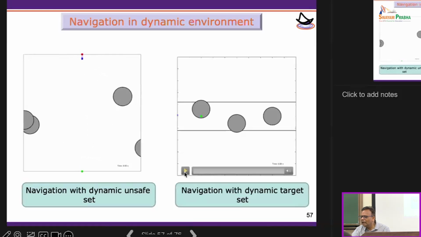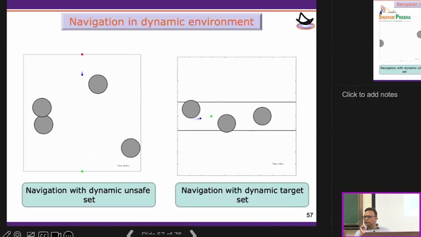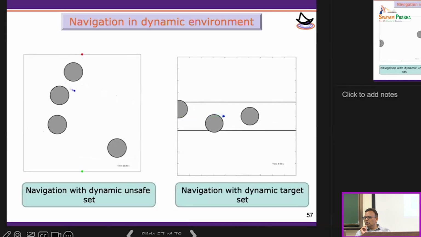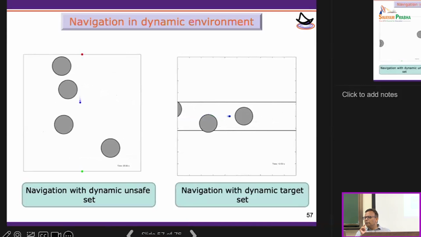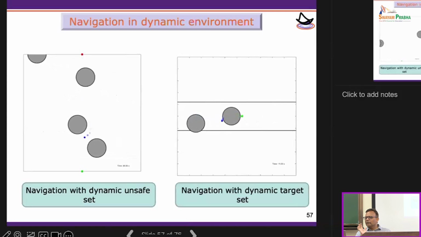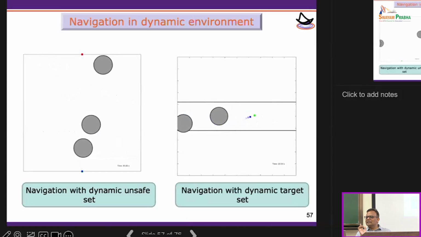And for the figure on the right, I think it's even more interesting. Here, the target is actually moving. So you see what happens. The target goes through the unsafe set, but the robot stays outside. It waits until the target exits the unsafe set before catching up.